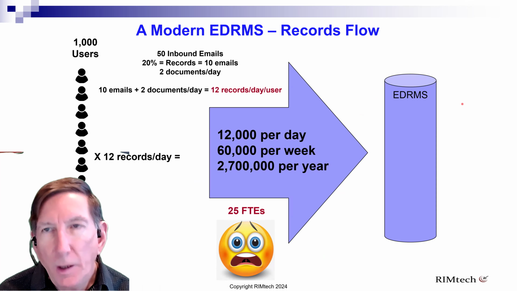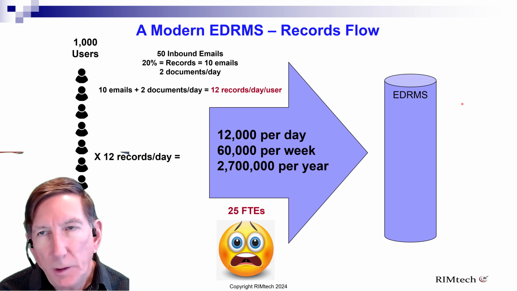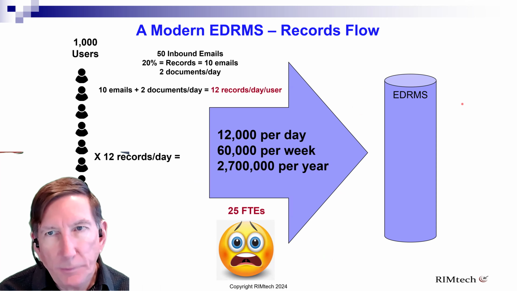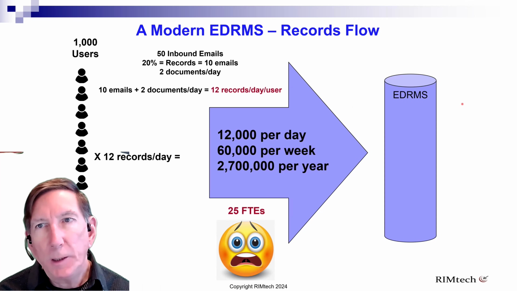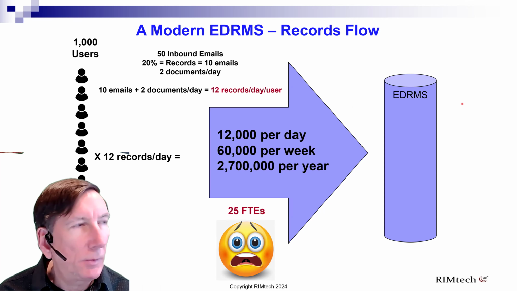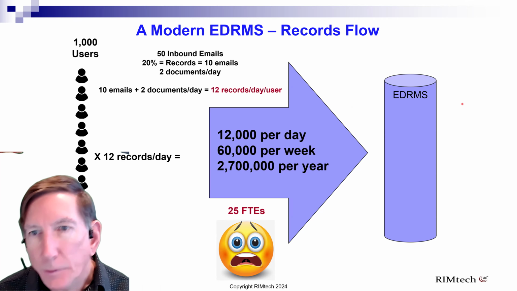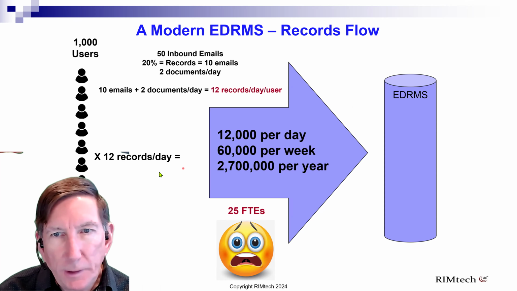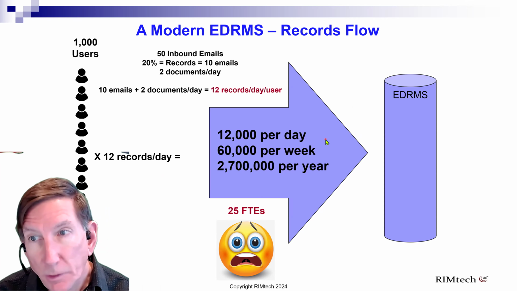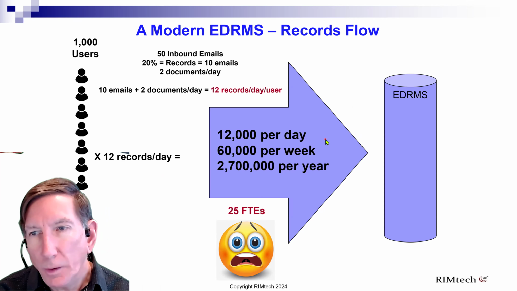Where do we get 12? 50 inbound emails, 20% of which meet the legal definition of a record. That's 10 emails and 2 documents that people download or create per day. Those are statistical averages, okay? So that's 12 a day. If you have 1,000 users, well, that's 12,000 records coming at you per day, or 2.7 million per year.